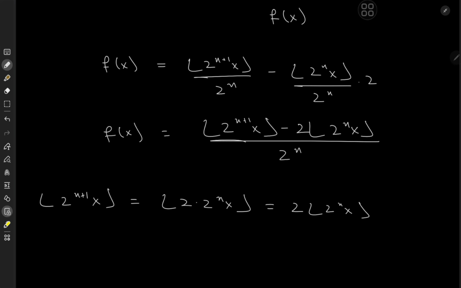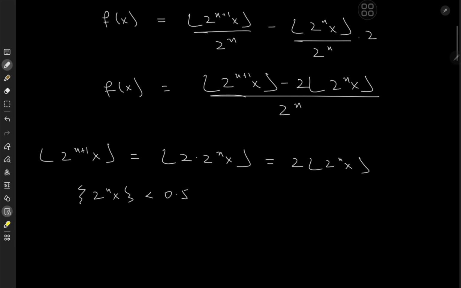But that works only if the fractional part of your argument is less than 0.5, or 1 over 2. Because in that case, multiplying by 2 is not going to add anything to the integer part, but if this thing is greater than or equal to 0.5, multiplying by 2 gives you something greater than 1, and that's obviously going to be added to the integer part.